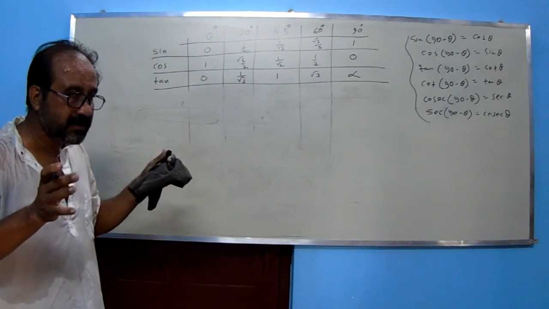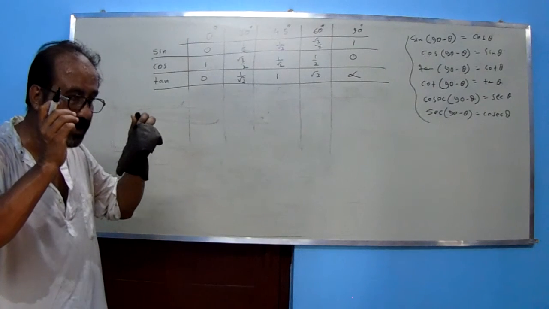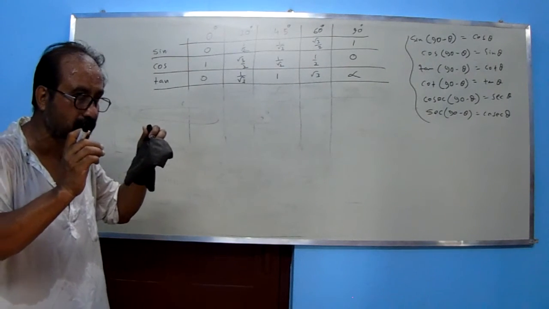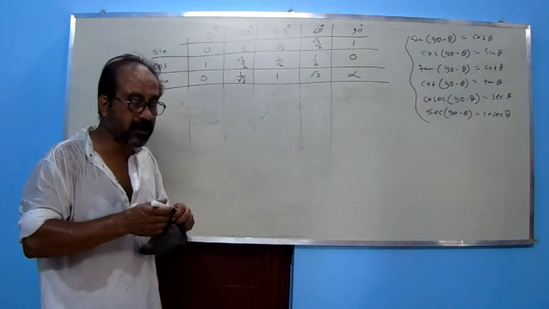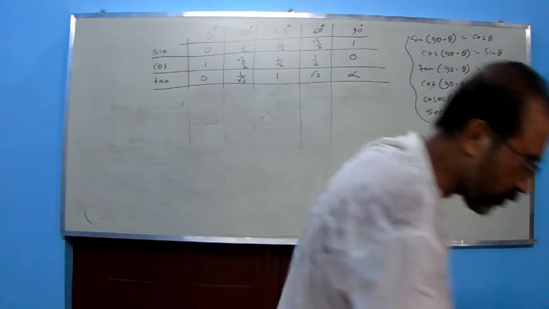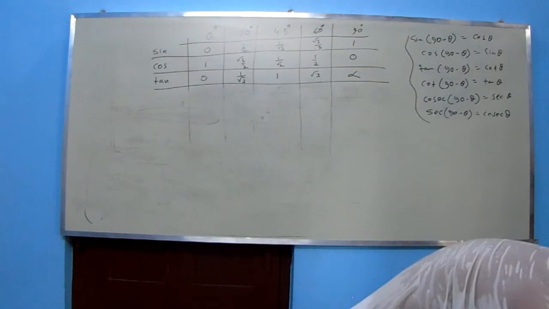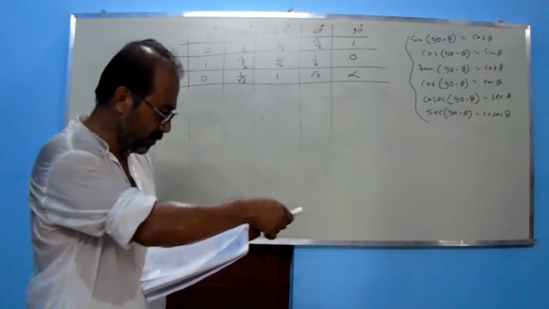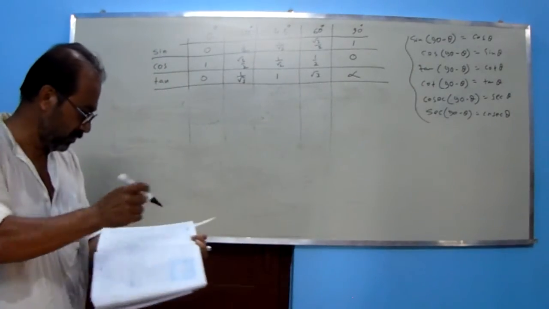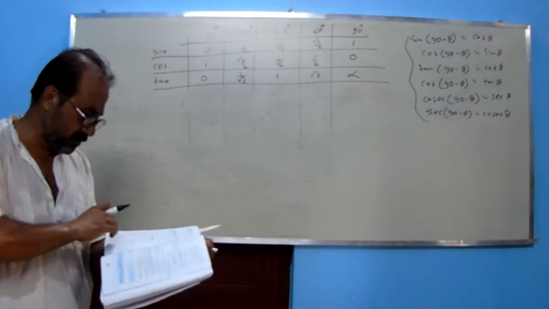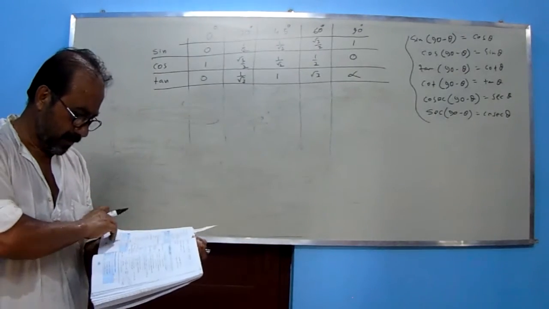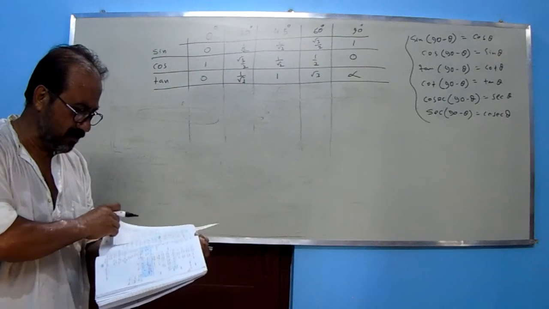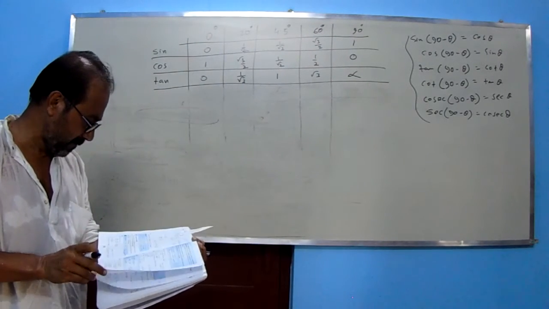All these things should be kept in your brain, then only you are going to solve all the maths. Now I am going to solve some questions from the ICSE board math. I will take 3-4 problems from here, one by one.